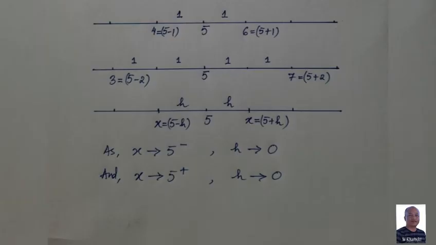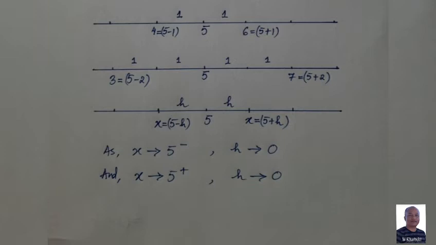So since our aim is to find out the continuity of the function at x equal to 5, now let us take these 3 examples. In the first example, you have the number 5 in the middle, and what will you do to find that number which is just before 5, or that number which is just after 5?